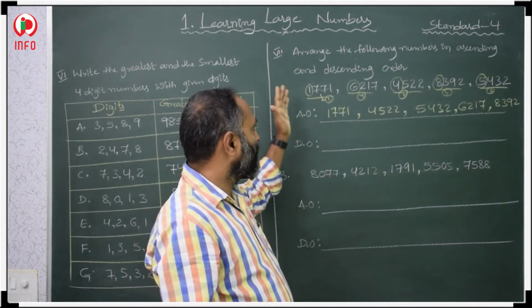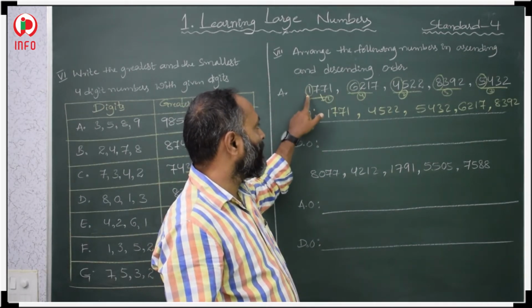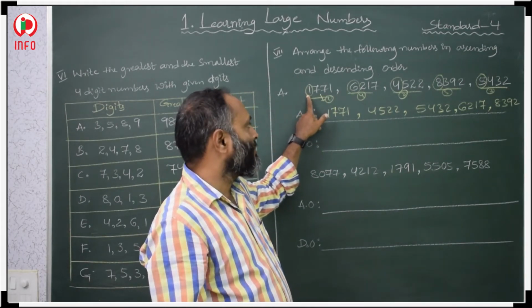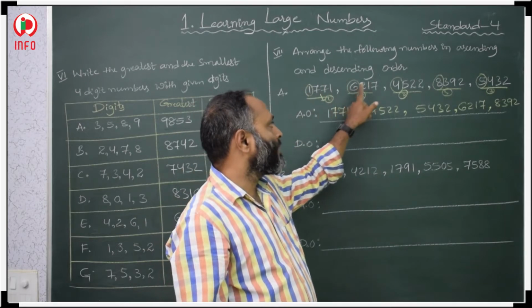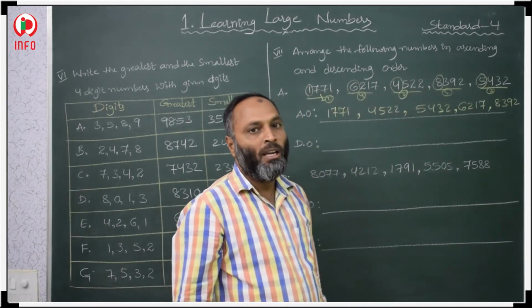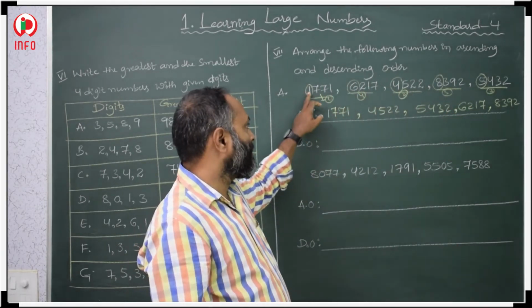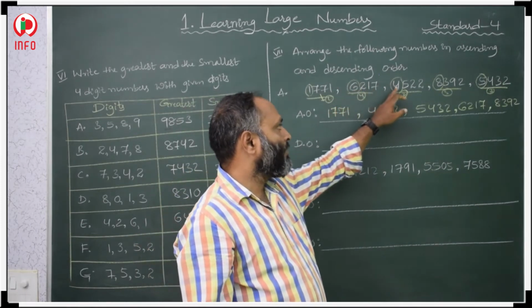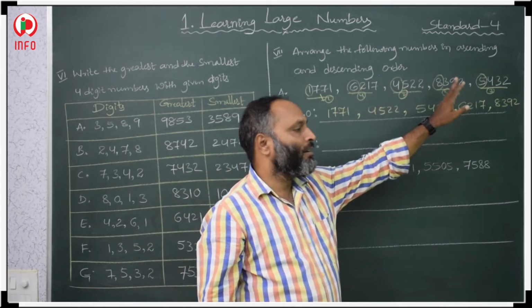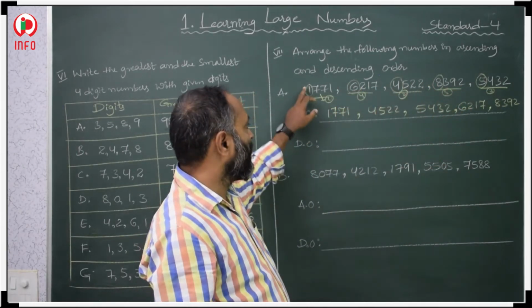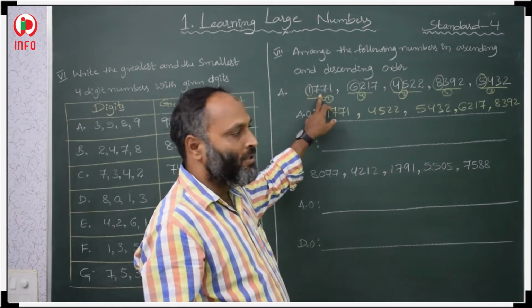So we compare first the left side first digit, that is the thousands place value. In all the thousands place values, first 1 is there, 6 is there, 4 is there, 8 is there, and 5 is there. So 1 is the least, which means this comes first.